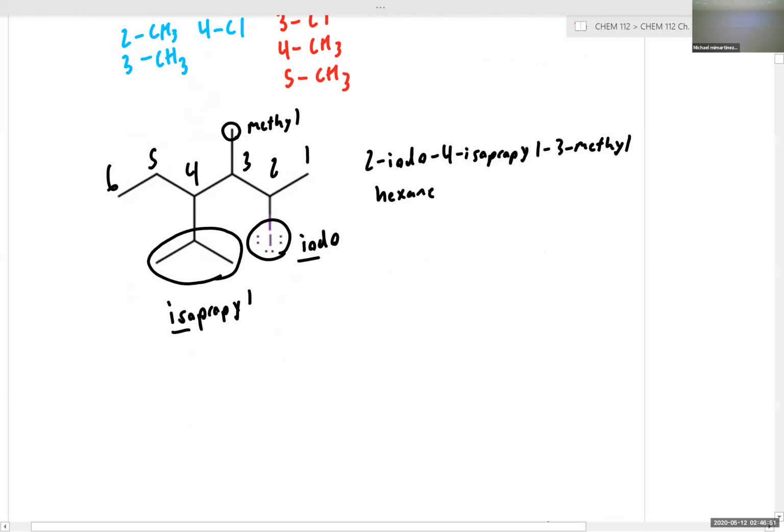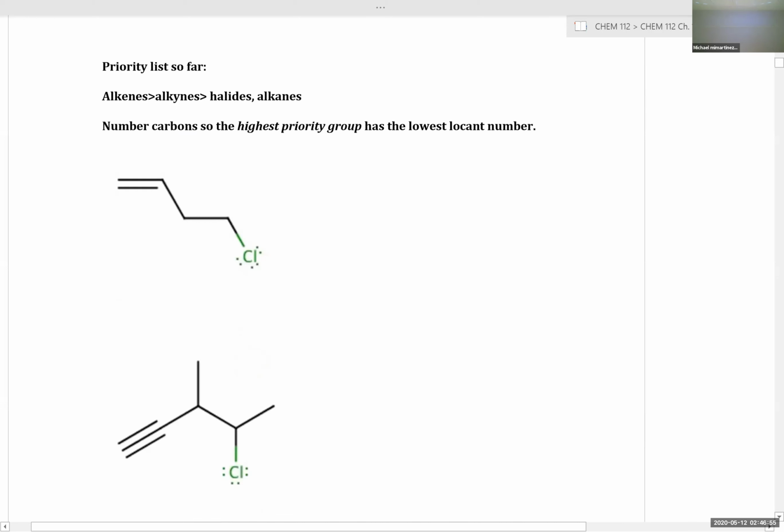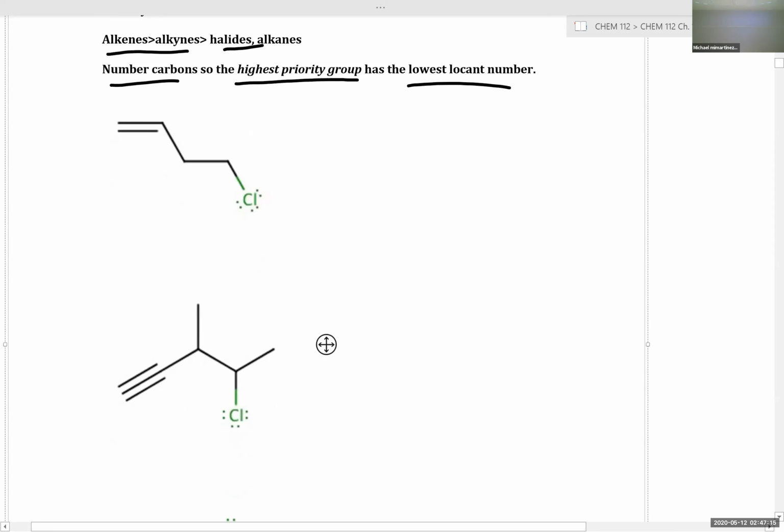Okay, let's do another example. So in terms of our priority list so far, alkenes and alkynes take precedence over your halides and alkanes. So when you're dealing with an alkene or an alkyne, you're going to number your carbons so the highest priority group has the lowest locant number.